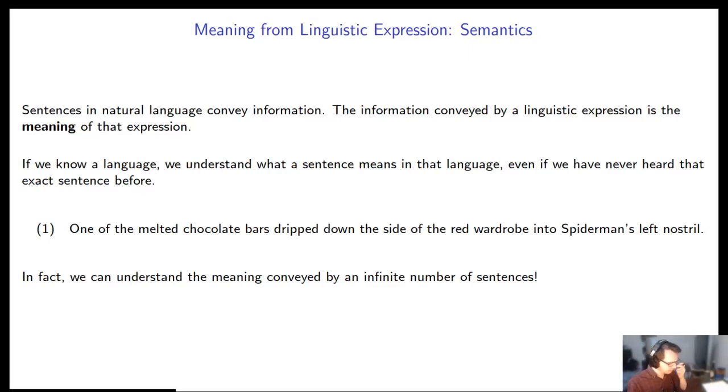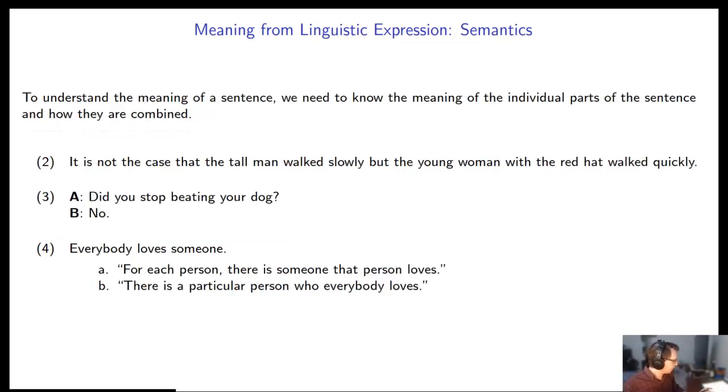Well, it's magical to us. I think biologists just call it biology. Whatever. They're not as fun as us. So we can understand the meaning of however many sentences that we come up with. But how do we know what the meaning of a sentence is?